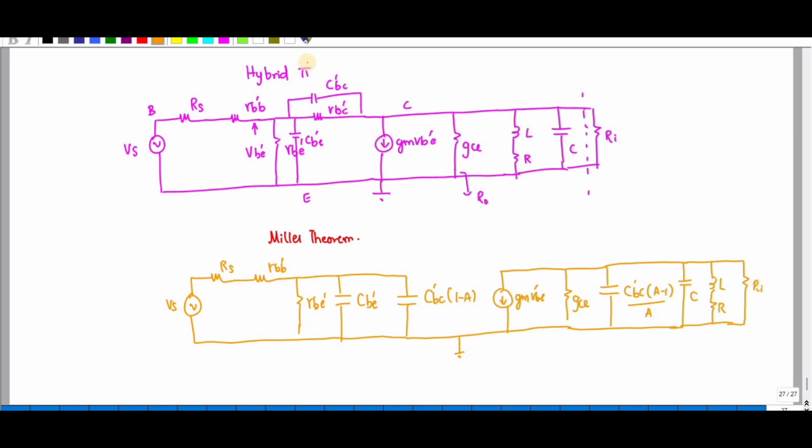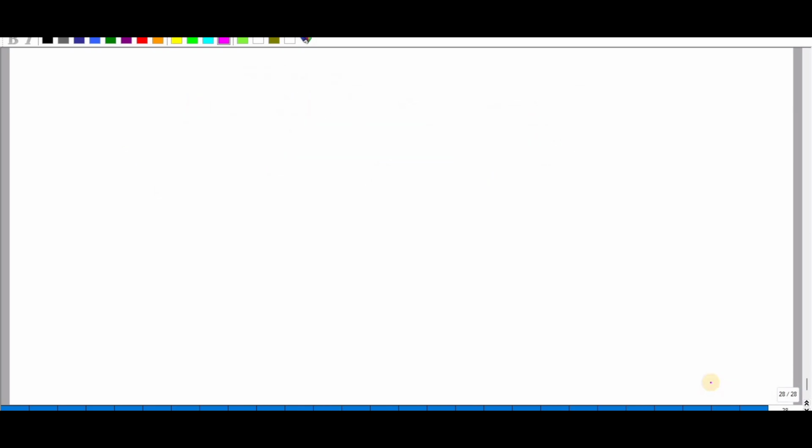Since these two capacitors are connected in parallel, you know the formula, right? So Ci I can write as CBE plus CBC into 1 minus A. Likewise, here I can write C equivalent. These two I can write as C plus CBC into A minus 1 divided by A. So again I am redrawing this circuit.